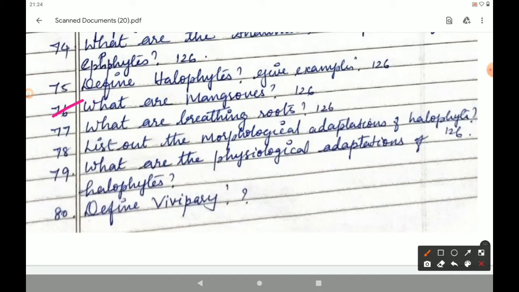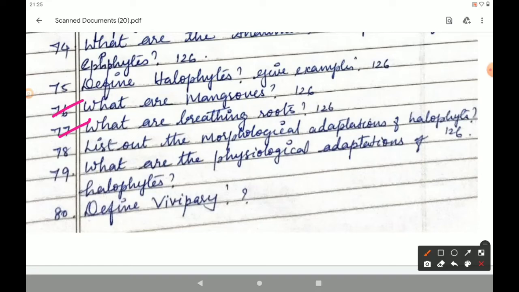Halophytes are found usually near seashores and estuaries. Example, Avicennia, Rhizophora, Sonneratia. Any one of the examples you can write.